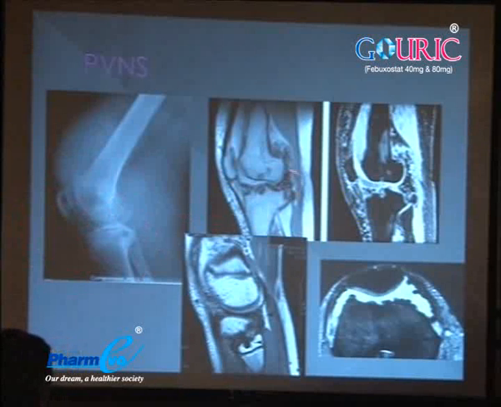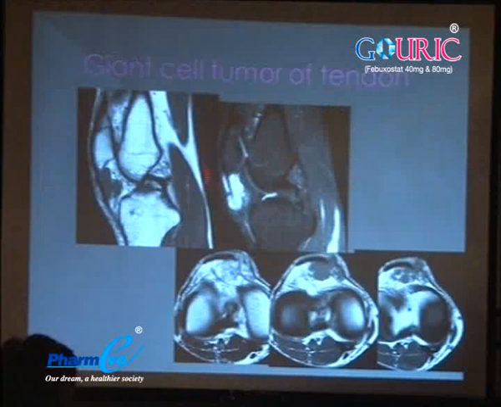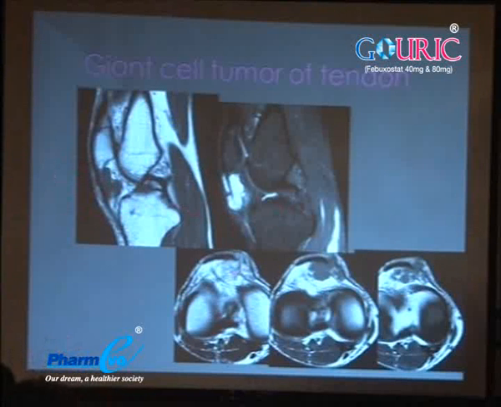It's a benign condition. And you see all these low signal areas, and the fluid is bright. Giant cell tumor of the tendon, which is the same thing as a PVNS, only it's around the tendon, along the tendon, and there is one. And again, it is elegantly seen on MR because it has a sort of a fatty density on MR.